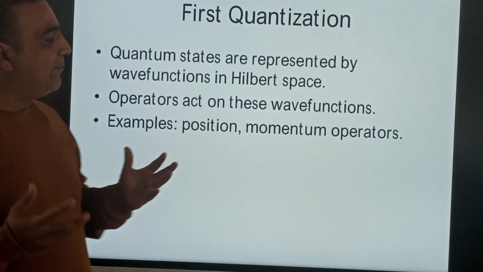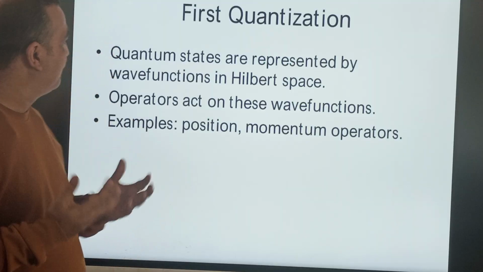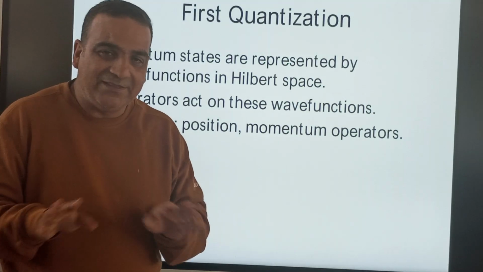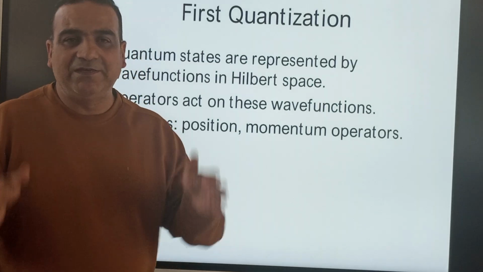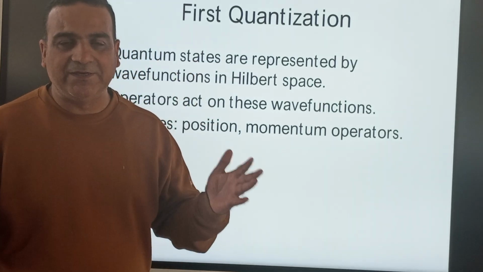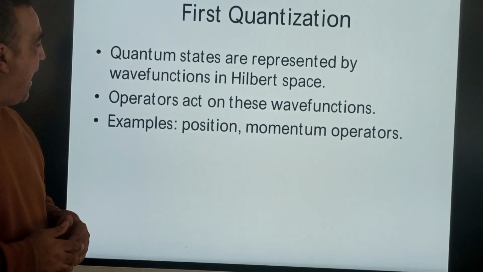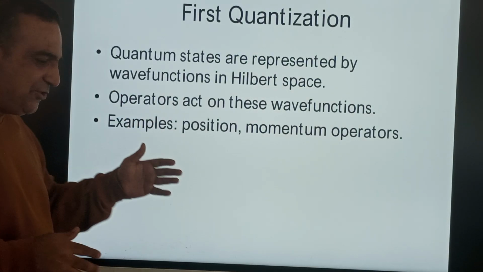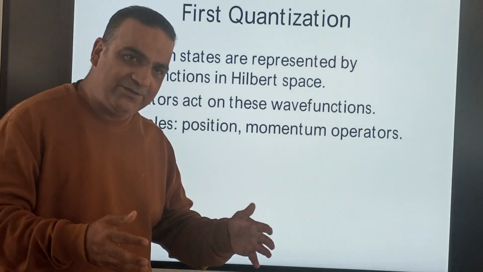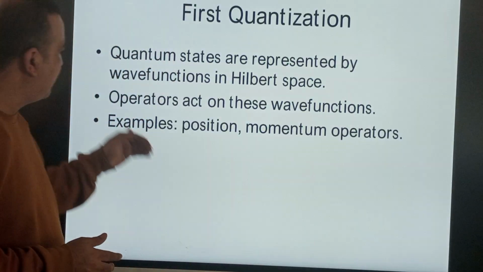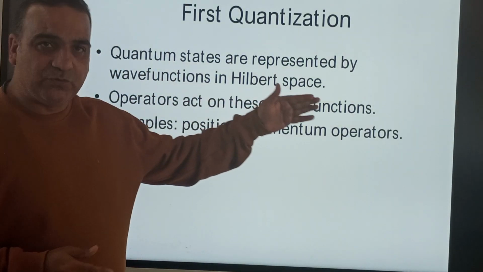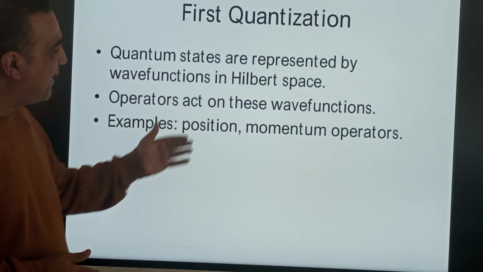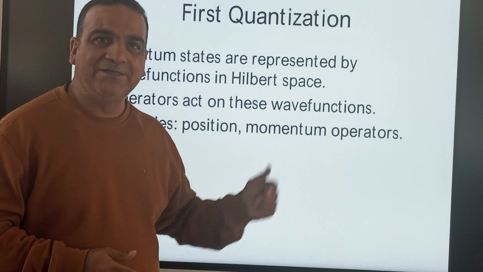Now again, talking about first quantization, quantum states are represented by wave functions, and these wave functions live in a framework known as Hilbert space. The operators that we have in first quantization, like the position operator, energy operator and momentum operator, act on these wave functions.